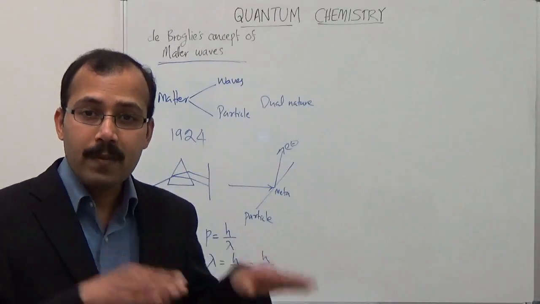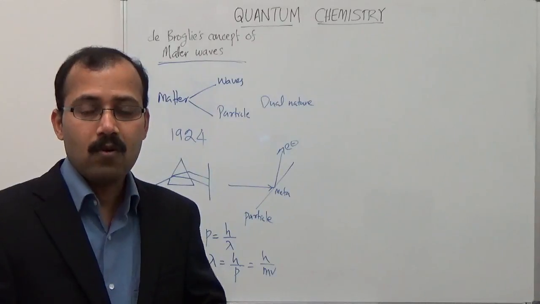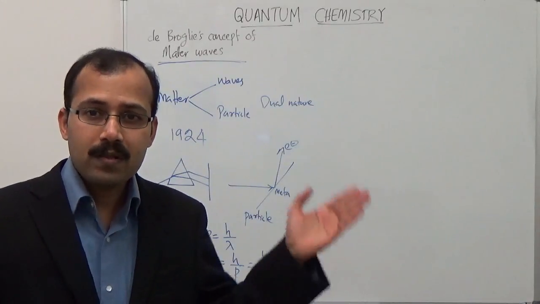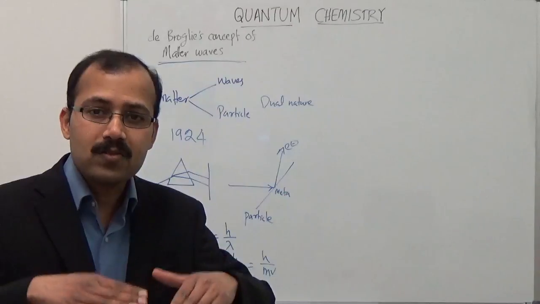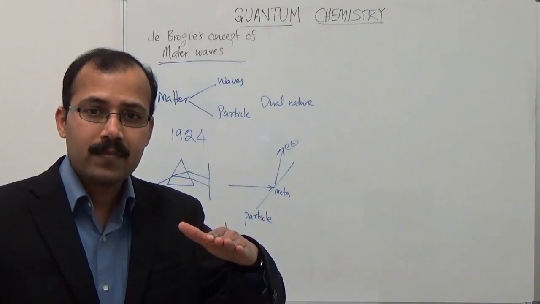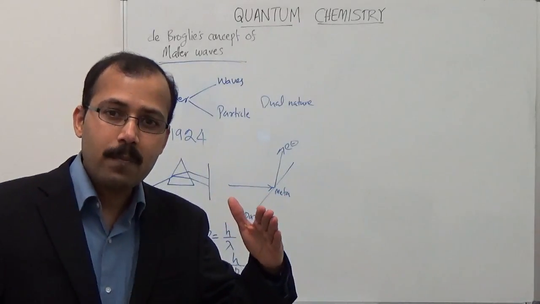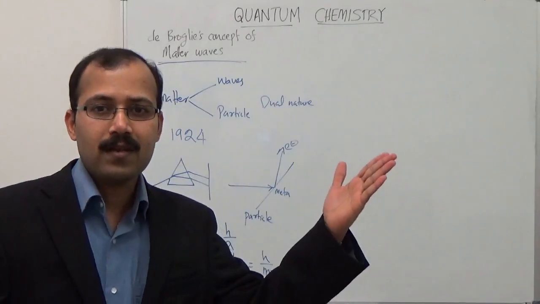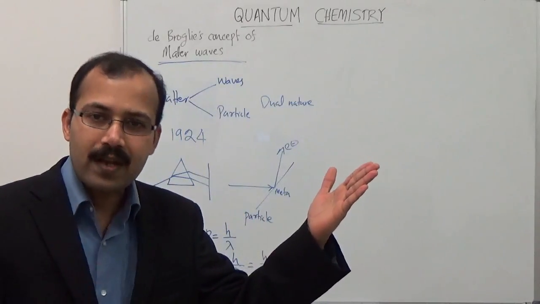In most of the familiar objects, or in the macroscopic world, this imbalance is very, very high. For macroscopic objects, the particle nature is so prominent and the wave nature is so negligible.